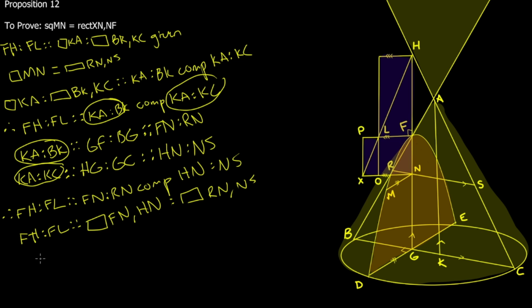So now we're going to just construct a ratio between HN and NX. And we're going to multiply both of these by the same line, and in this case the line is going to be FN. So as HN is to NX, HN times FN is to NX times FN.